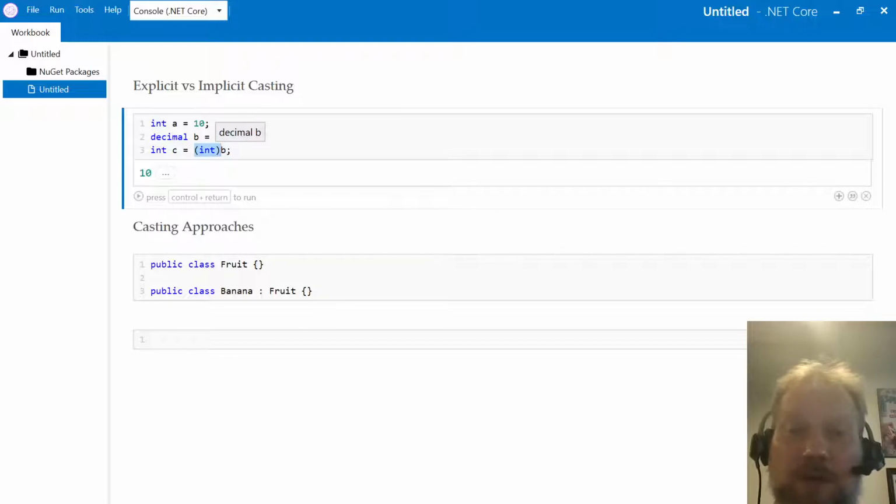Now, one of the things that is important to understand is that explicit and implicit casting are very much a part of most programming languages. There are a handful of languages, like Kotlin, for example, if you want to do Android programming, that actually have no implicit casting.